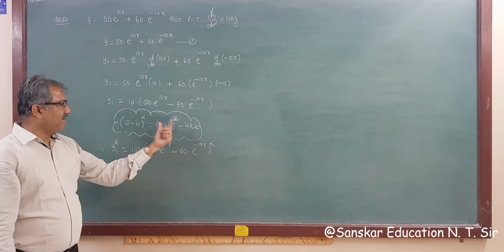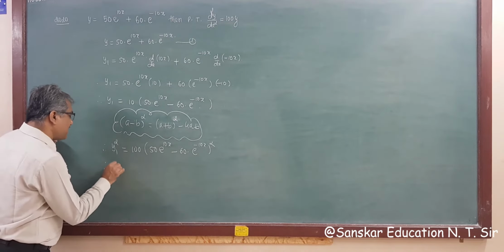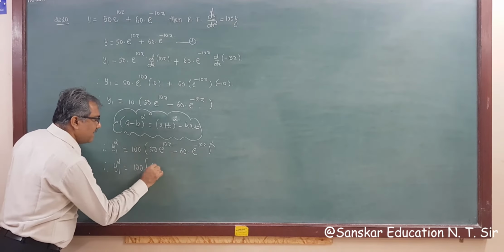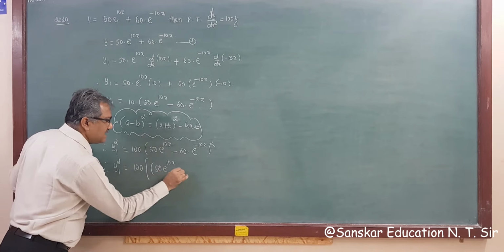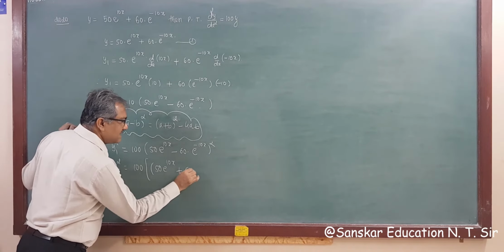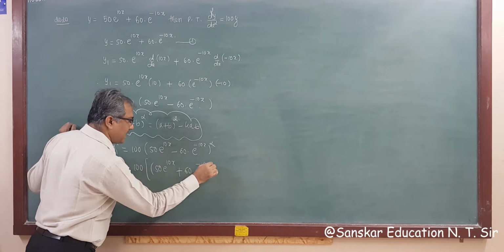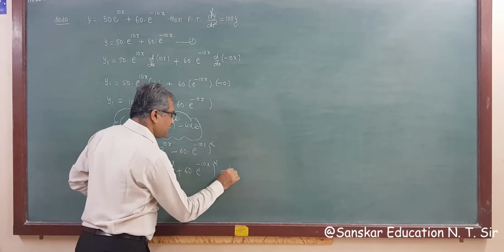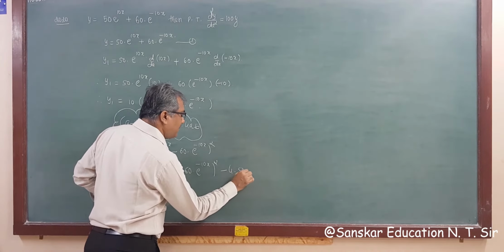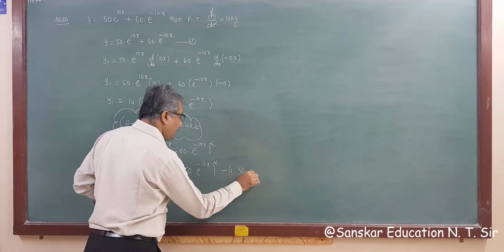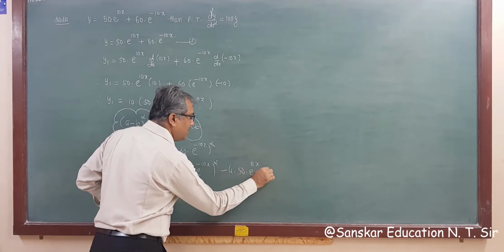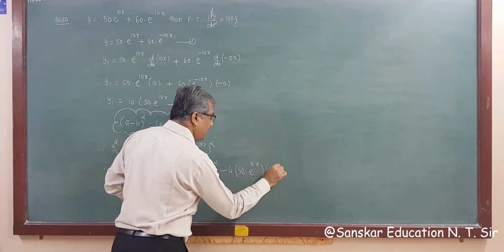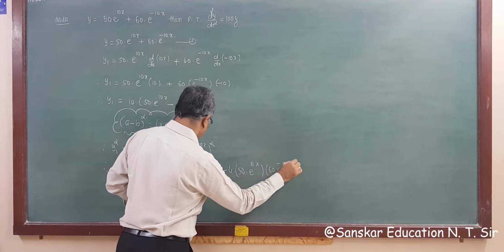Now instead of this, we are applying this formula. So this can be written as y1 square is equal to 100 into, this is 50 times e raised to 10x minus, instead of plus, 60 times e raised to minus 10x whole square, and minus 4ab, that is 4 times 50 e raised to 10x into 60 e raised to minus 10x.